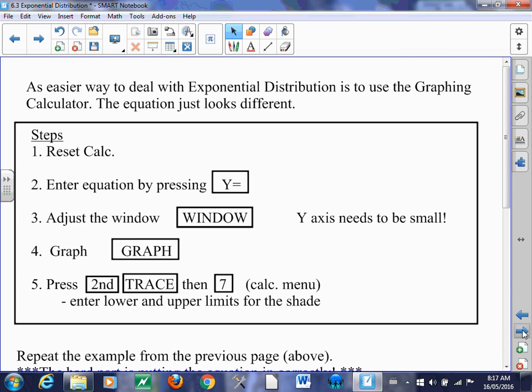All right. Let's take a look now. An easier way to deal with exponential distribution is to use the graphing calculator. Because the cool thing about the graphing calculator, and we'll be using it on our unit test this unit, is that we can graph it and then we can calculate the shade underneath of it. So again, I want you to write these steps down.